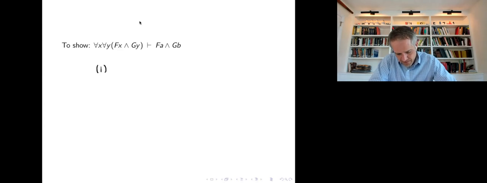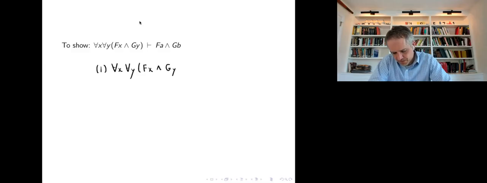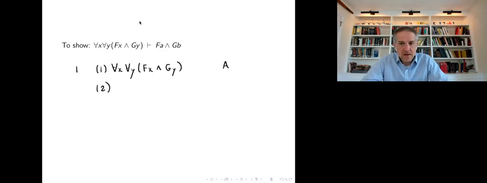Okay, so let's just write this down. Our premise: for all X, for all Y, Fx and Gy. Okay, now what can we do with this first sentence? This first sentence is a universal sentence. As you go from left to right, the first thing you run into is for all X, and that for all X applies to everything that comes after it.